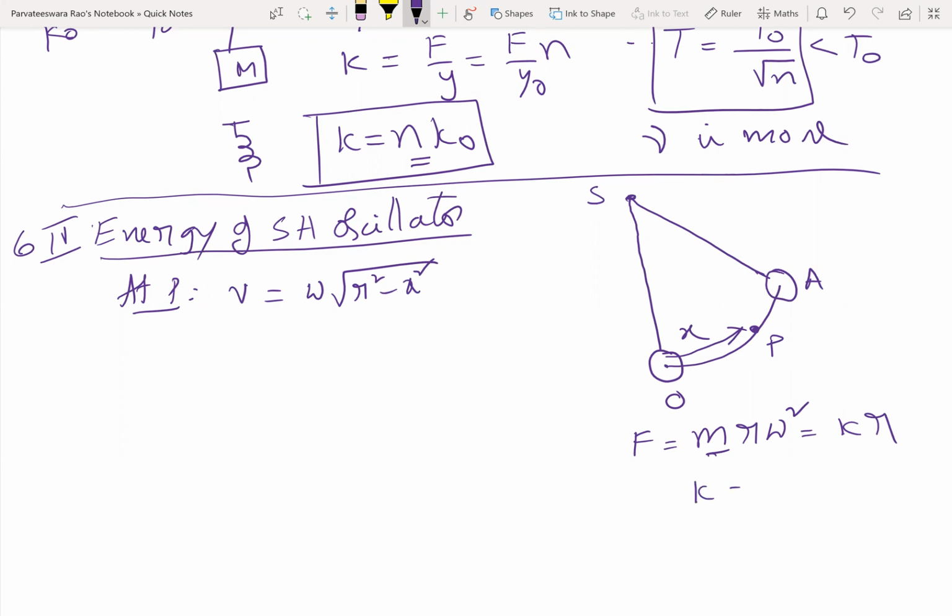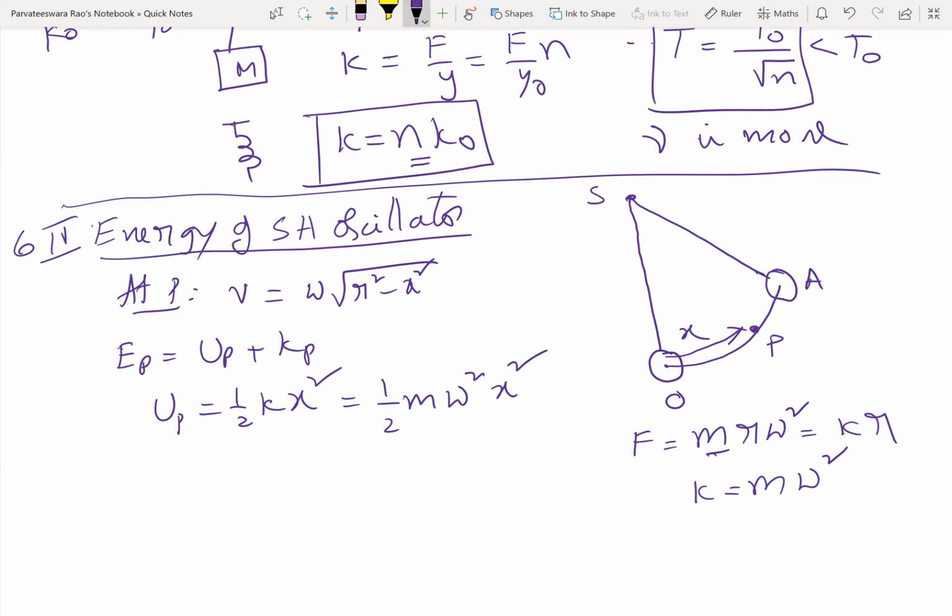So k is equal to m into omega square. At P, the total energy will be partly potential, partly kinetic. Potential energy is given by half k x square, that is half into m into omega square into x square, because k is equal to m omega square.